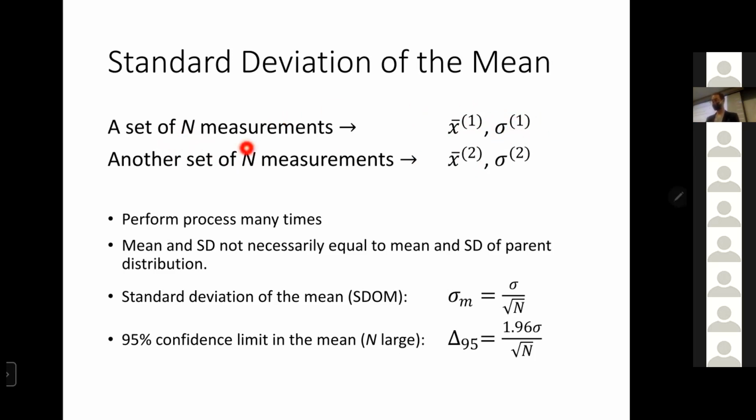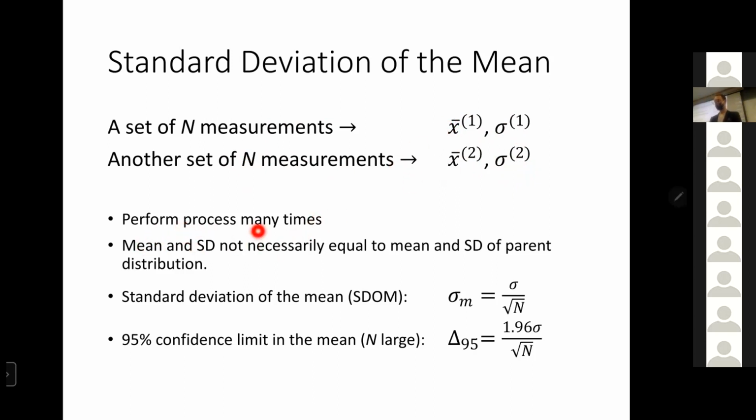Then you come to lab the next day, take another set of n measurements, and again calculate the average and the standard deviation. If you do the measurement the same way, you would expect to get numbers that are similar from day to day, but not exactly the same, because you have random error associated with the measurements.